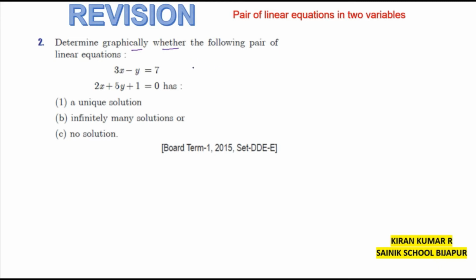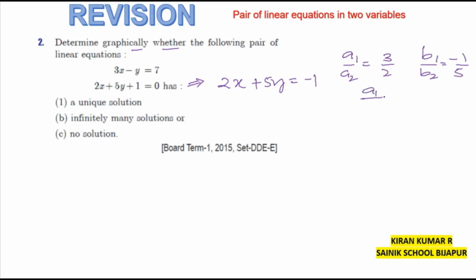Here you can see the second equation can be written as 2x plus 5y equal to minus 1. When you take the ratio, a1 upon a2 is 3 by 2, whereas b1 upon b2 is negative 1 by 5.